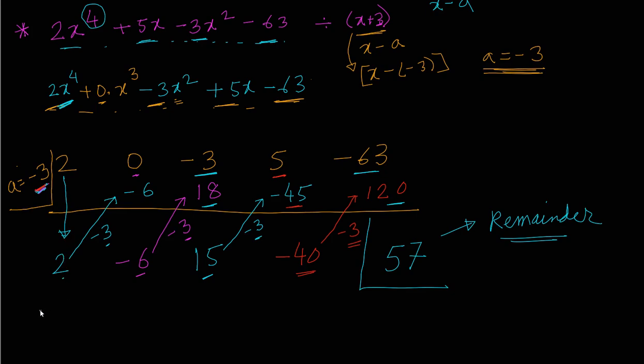So I'm going to write 2x cube, and then -6, and after x cube, what is my term? X square. Then what I have? +15. I'm going to write down +15 here. Then after x square I have x, and then I'm going to write down negative 40 here. So this is actually my quotient.